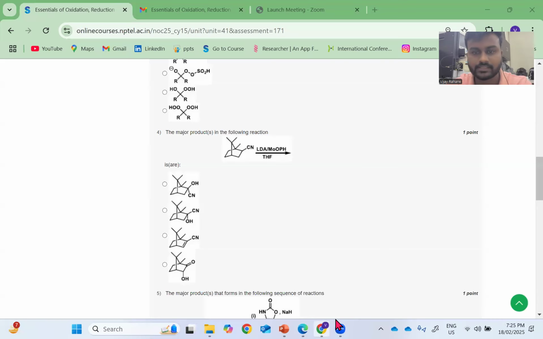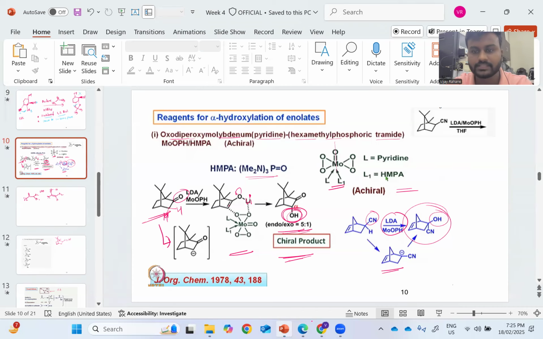You can easily select the correct answer among these. Obviously, when you use the cyano compound with LDA as well as molybdenum as reagent, we get the hydroxy group, which is exo. So you can select the correct answer from this.